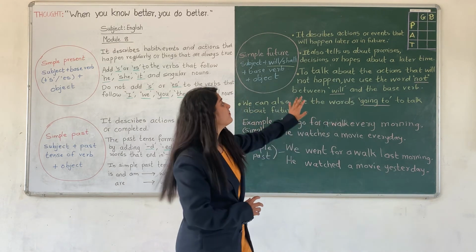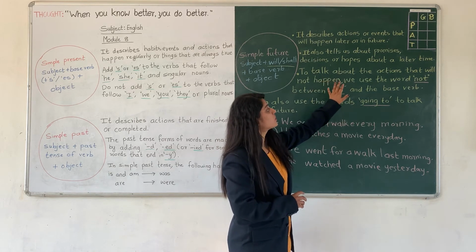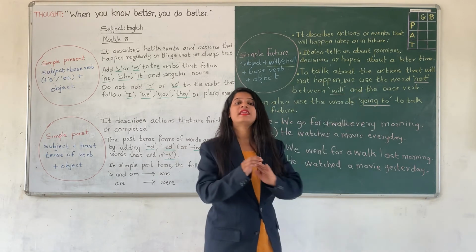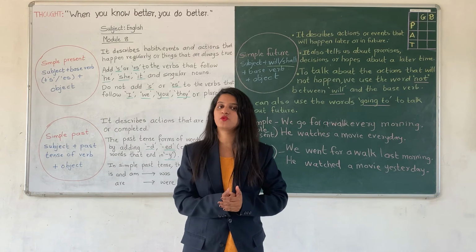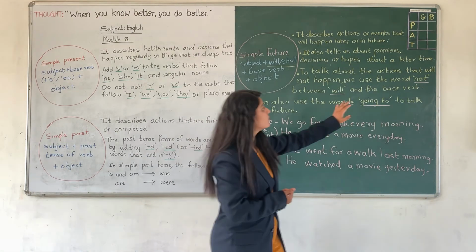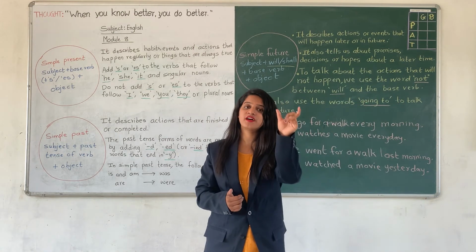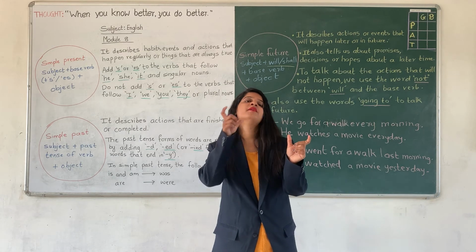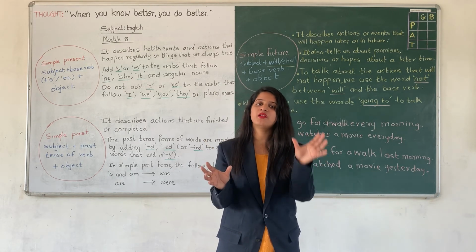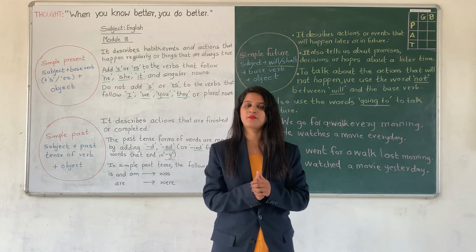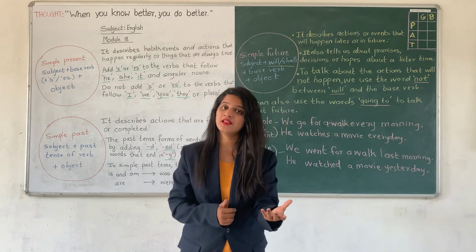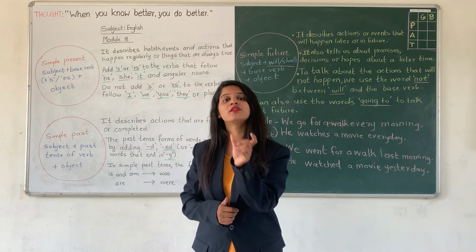One more thing, whenever we want to talk about the actions that are not going to happen in future, that time we use not after will and before the base verb. Means in between will and the base verb. For example, will not go.